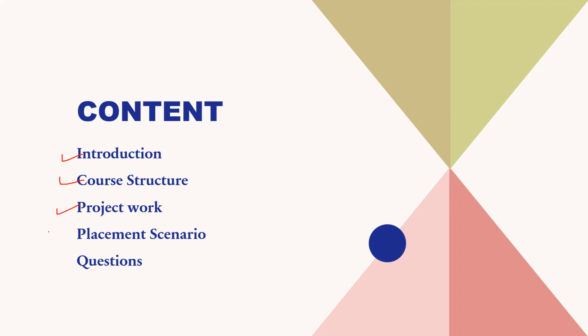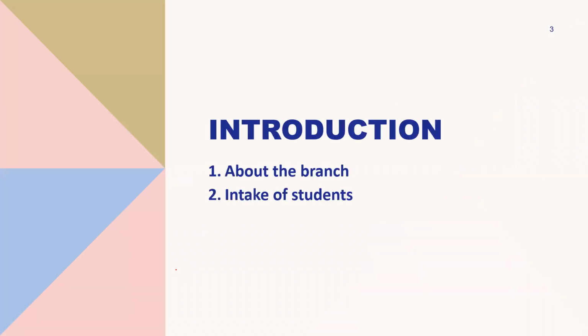And the most important point is the placement scenario. That is the major concern of this presentation, because many people are asking questions around this only, the placement scenario in comparison with other branches, VLSI related branches. And then at the end I have taken some questions from LinkedIn. So let's proceed with the presentation.